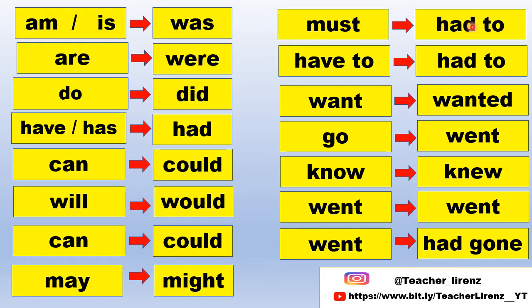Must become had to. Have to or has to become had to. For past tense, verb 2 usually change to past tense or past perfect. Okay, so present become past tense. Past tense can become past tense or past perfect.